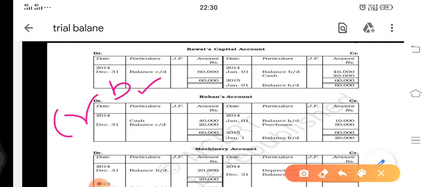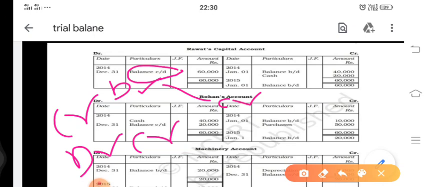And if balance is on credit side, we'll adjust the balance on debit side. So whichever side balance carried down is there, we'll post it to the opposite side. That means debit will be posted to credit and credit will be posted to debit.